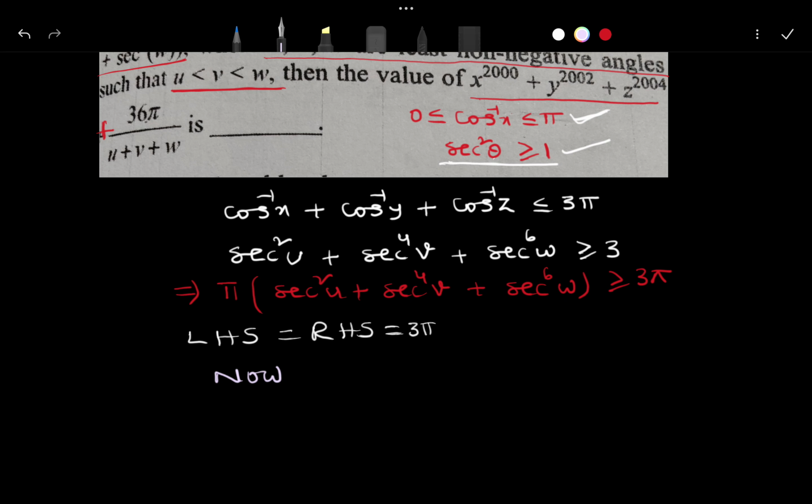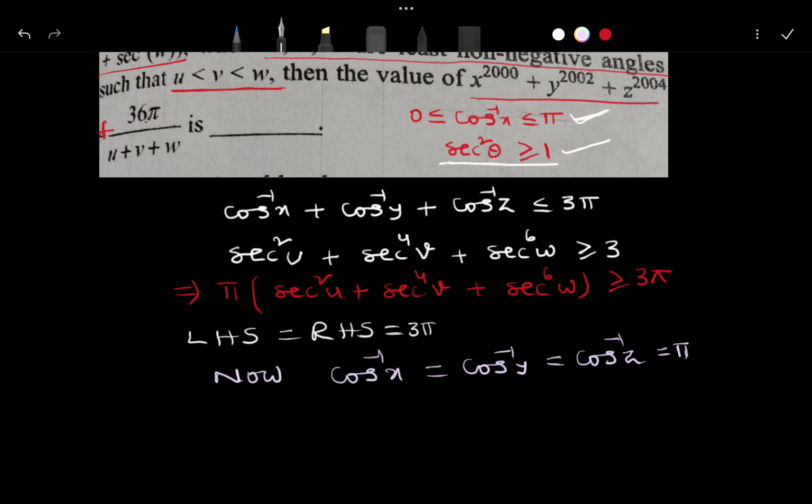You can take that cos inverse x, cos inverse y, and cos inverse of z, these three values, as pi. So LHS will be equal to 3 pi. So this is the value.